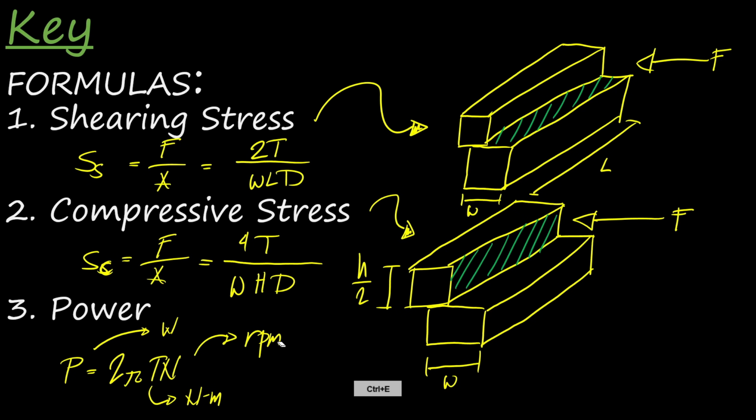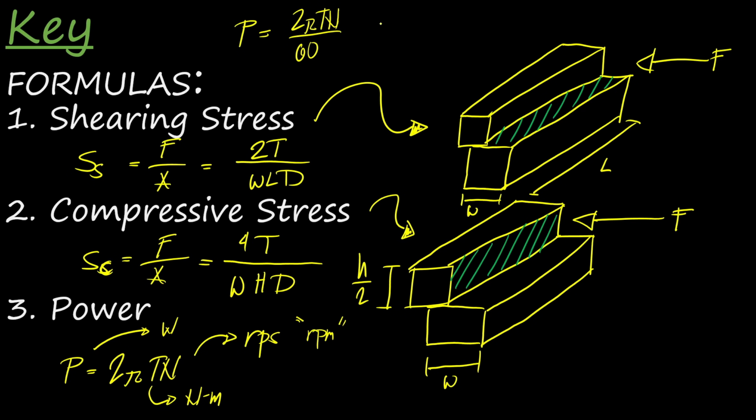Since, I mean, this is not revolutions per minute, but revolutions per second. But since most of the givens are in revolutions per minute, most power equations come with the conversion. So power is 2 pi Tn over 60.